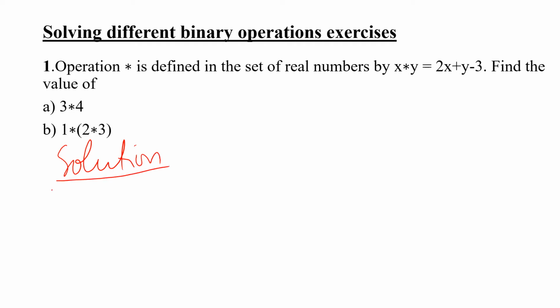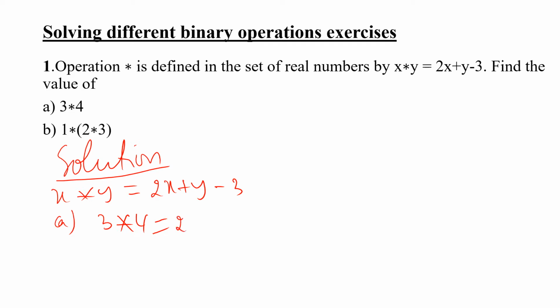The definition is x star y equals 2x plus y minus 3. Now point A, 3 star 4 is equal to, now we replace x by 3 and we replace y by 4.